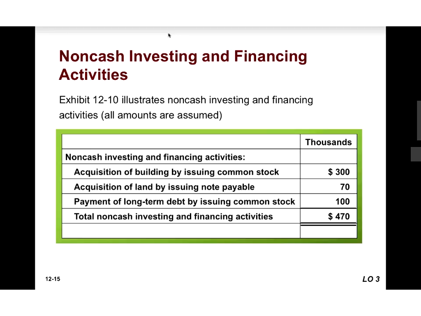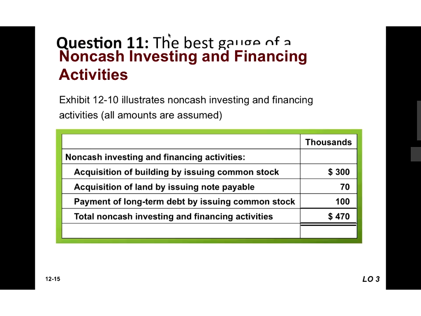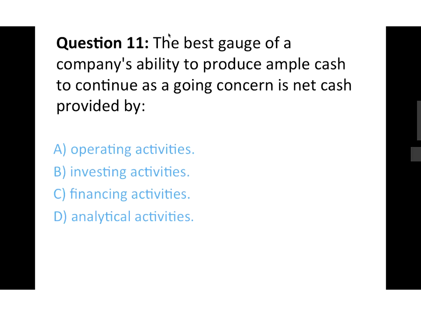Payment of long-term debt by issuing common stock, so we had a long-term debt and we issued stock to settle it. There's no cash there. So those are examples of non-cash transactions. And we're not going to do a statement that includes these. I just want to make a note that if there's no cash involved, it's not technically operating, investing, or financing. It's a non-cash item.